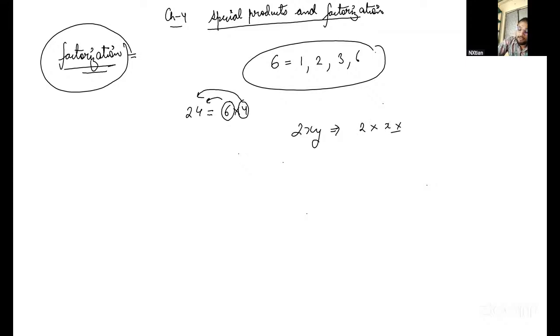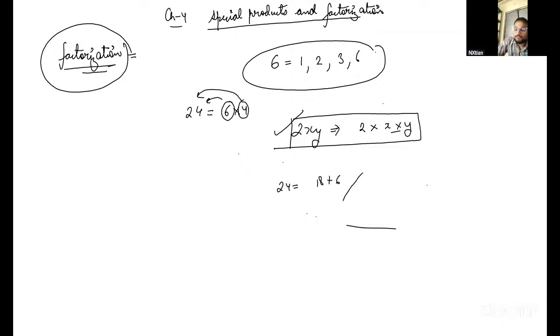So factors should always be in multiplication form. If you say 18 plus 6, these are not factors. Factors will always be in multiplication form. Understood, guys? Yes or no?